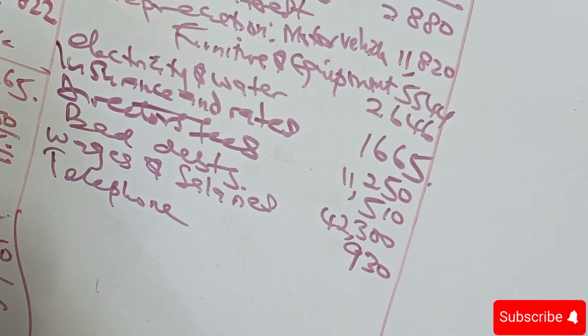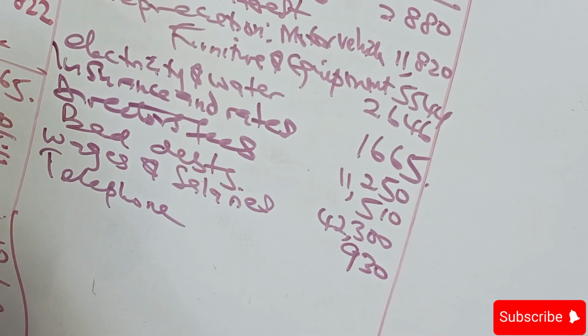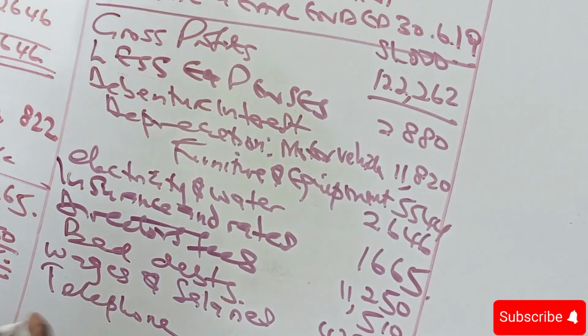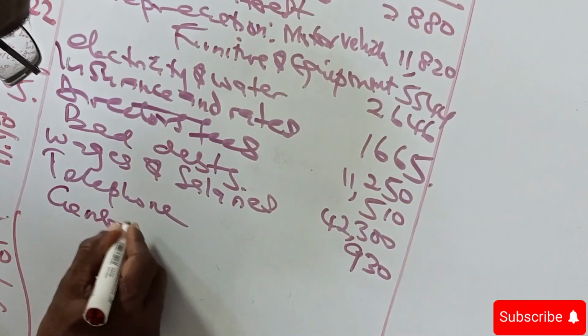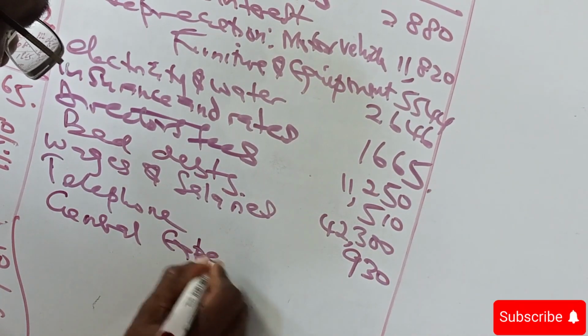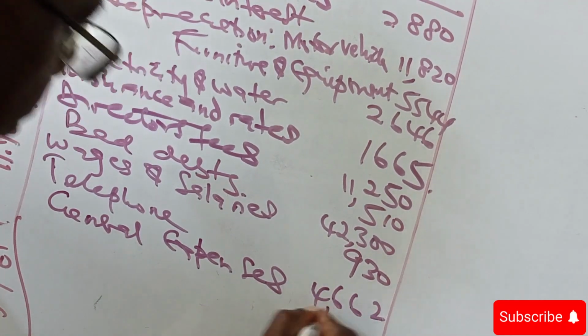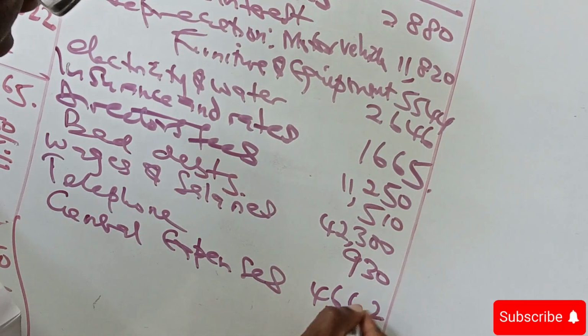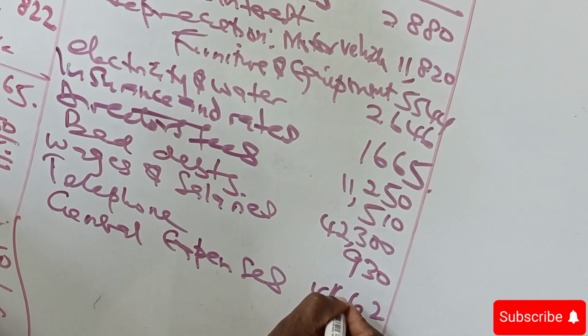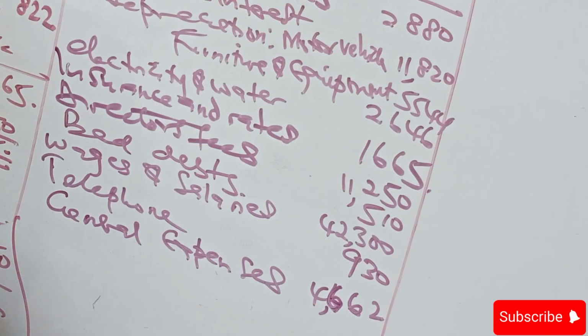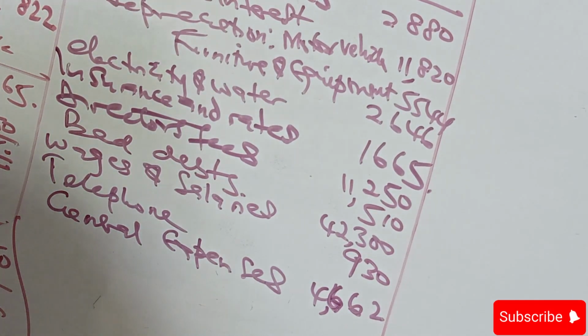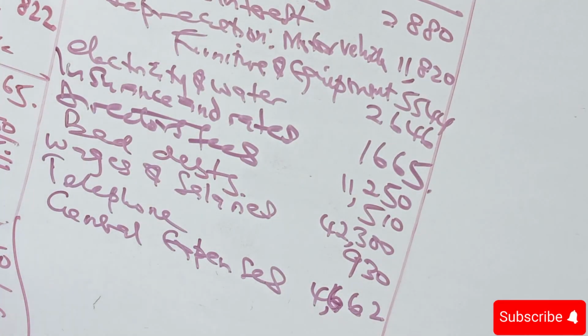Debenture interest is there. Directors' fees are there. General expenses 4662. Motor vehicles, those are the expenses. Those are the total expenses.